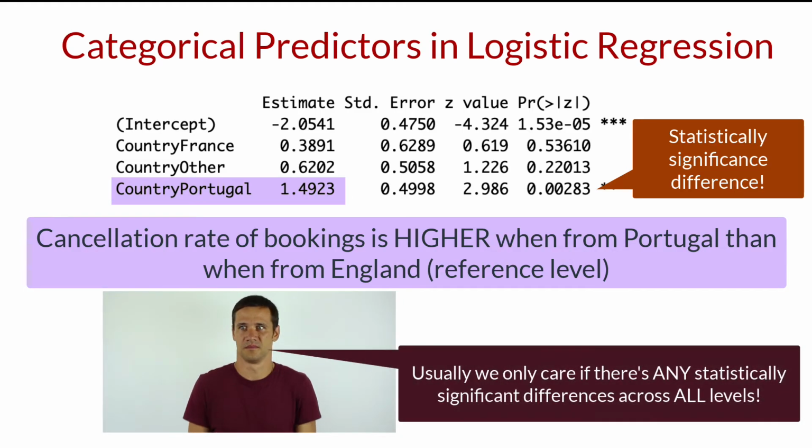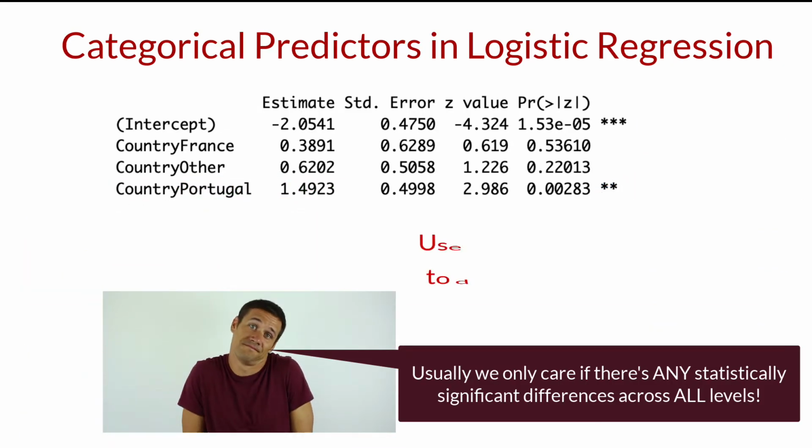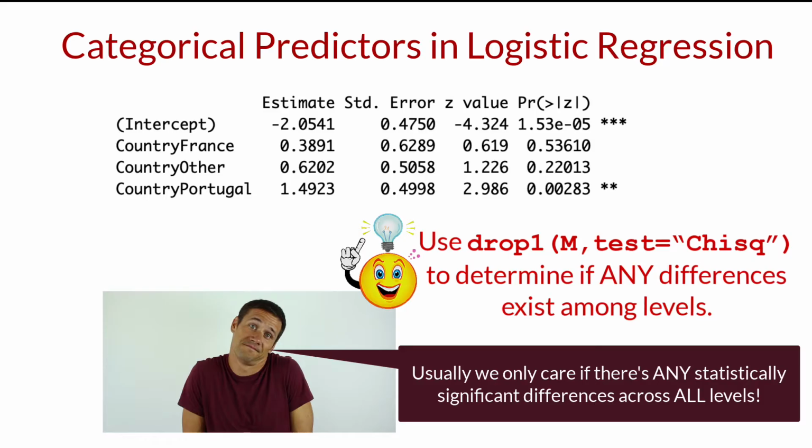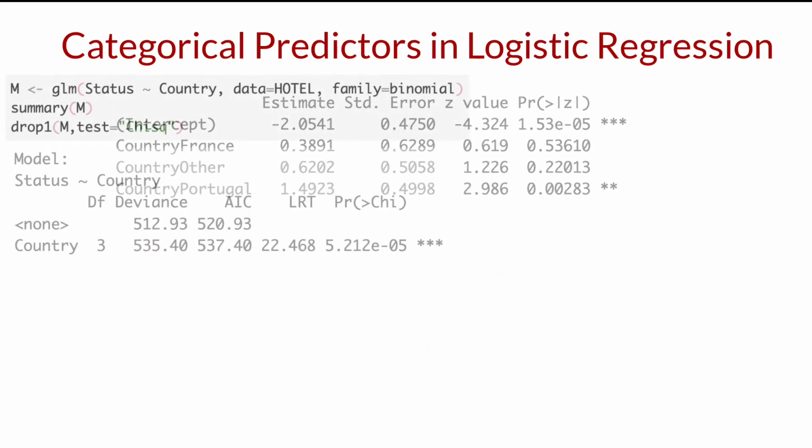Normally we care about whether there's any difference in probabilities across all the levels, and for that we need the drop one command. So when we run drop one, we're going to add the additional argument test equals CHISQ instead of test equals F, which is what we use for multiple linear regression, because it's a slightly different sort of test in order to determine if that variable is statistically significant.